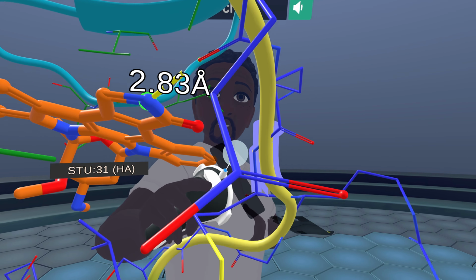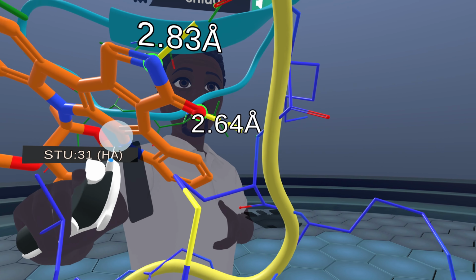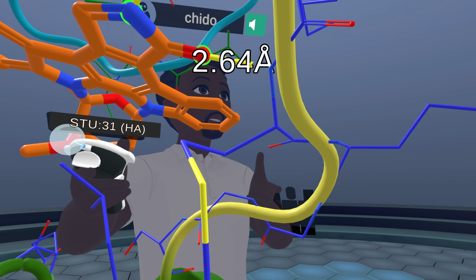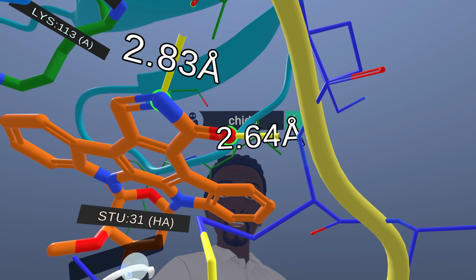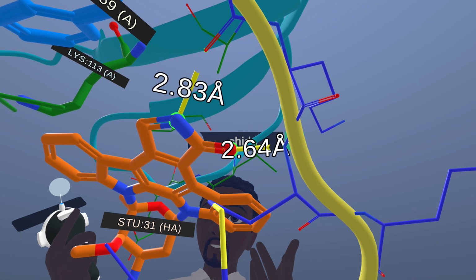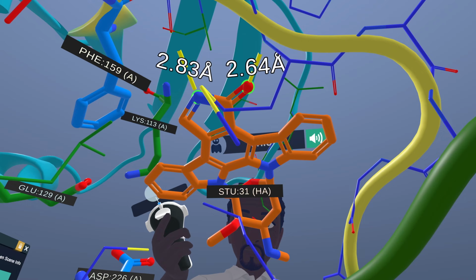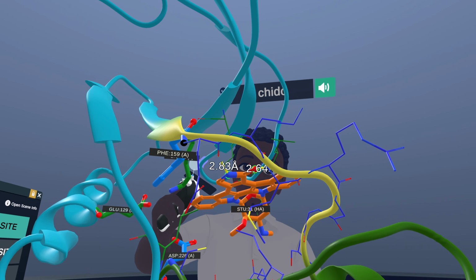And you can also measure the distance between this atom and that atom, and as you can see, that is also within hydrogen bond distance. The angles are correct, and so here is Staurosporine wedged into the cleft between these two subdomains.